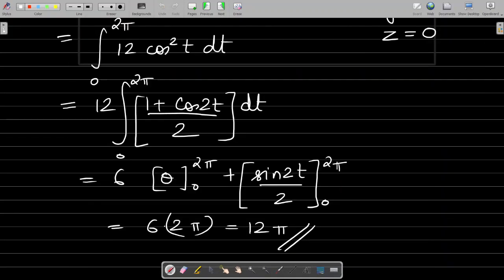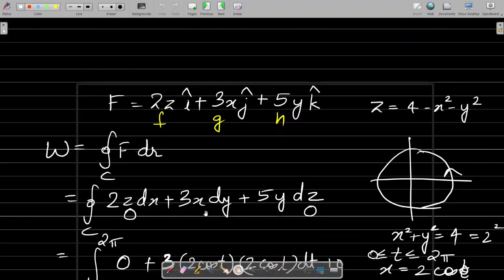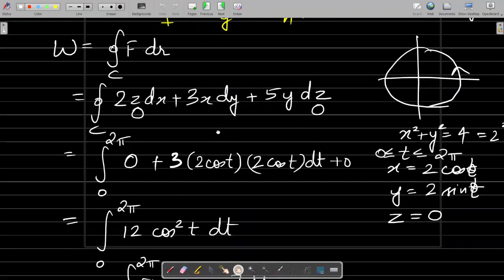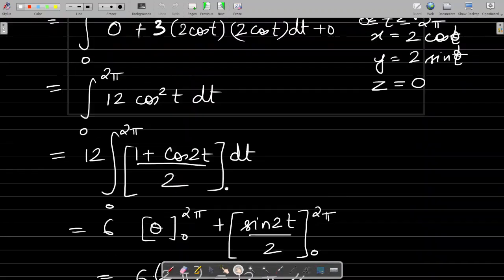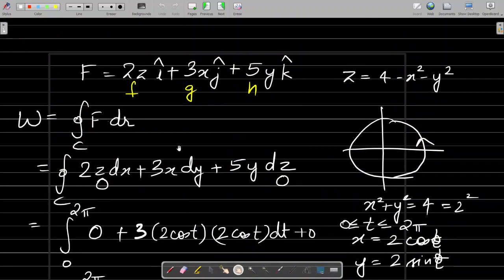So we have evaluated the left hand side using the direct integration method, that is integral over C F dot dr. We have integrated it as a line integral. Now the right hand side, that is double integral over sigma curl F dot n dS, we will evaluate using the Stokes theorem.